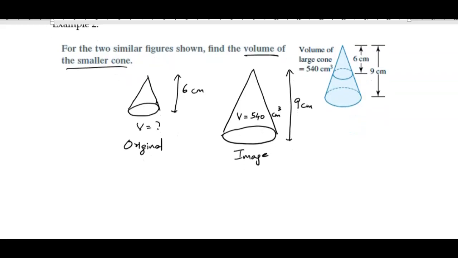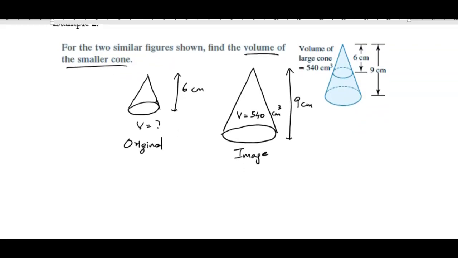So length scale factor equals the length of the image, which in this case is 9 centimeters, divided by the length of the original, which is 6. Obviously 9 divided by 6 can be simplified. Both numbers can be divided by 3, so 3 goes into 9 three times, and 3 goes into 6 two times. So the length scale factor is equal to 3 on 2.